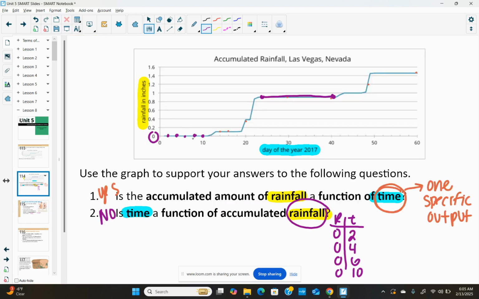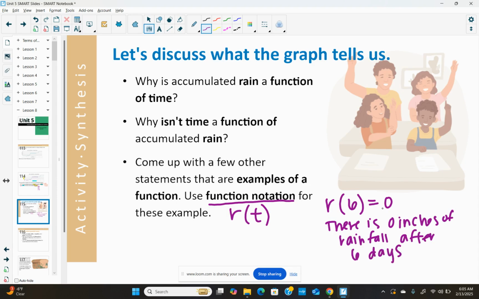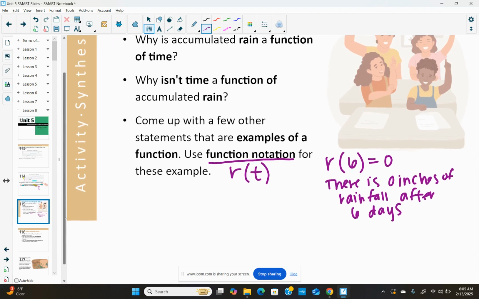So what was R of 6? Here's 6 days. The output is 0 inches of rainfall. So this would be: there is 0 inches of rainfall after 6 days. That's how we would say that as a statement, and then there's the function notation for it.